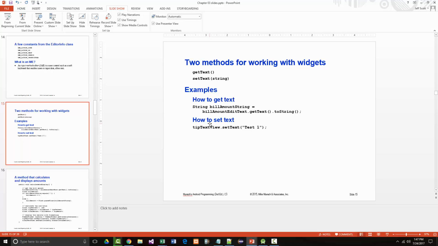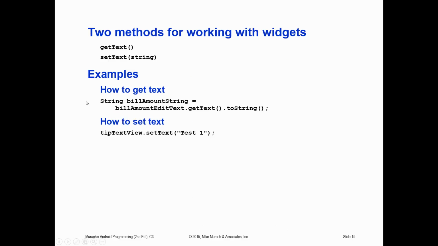If I meet you for the first time and I say, "Hi, I'm Jeff, what's your name?" I am getting your name. That's a get routine. And you notice that when you get text, you don't specify any argument. As you can see up there, it's just getText with empty parentheses.